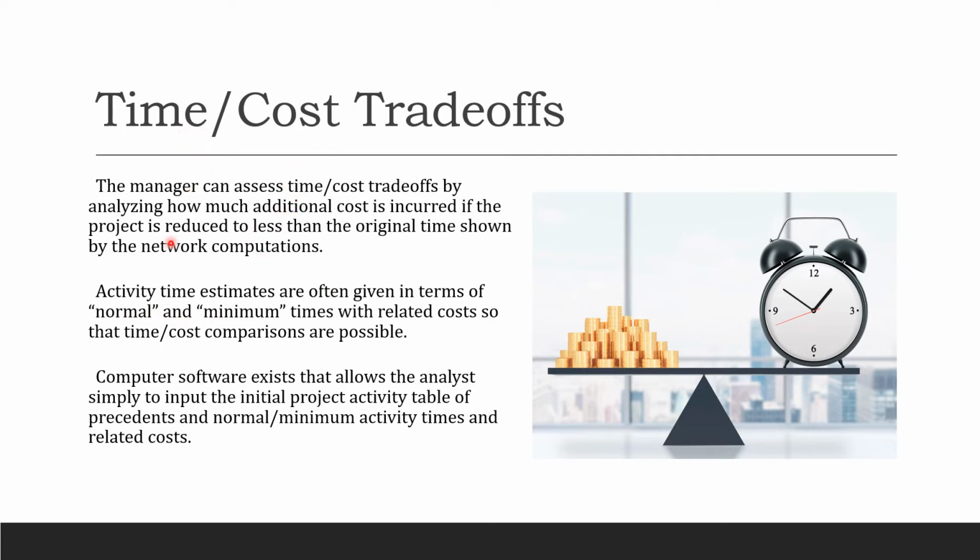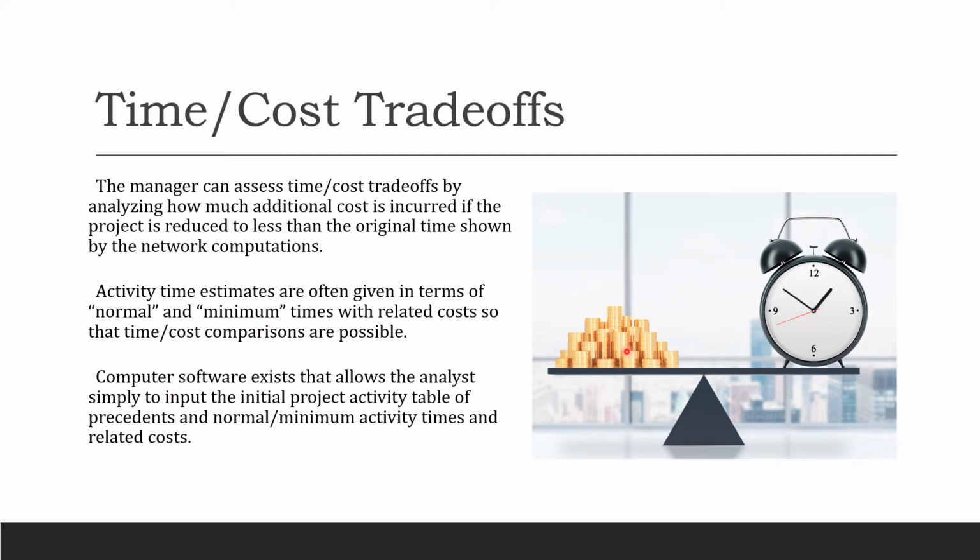After studying the time estimates, we're going to put in the cost factor. Activity time estimates are often given in terms of normal and minimum times with related costs, so that time-cost comparisons are possible. We're just saying that we can compare these two if we have the activity time estimates in terms of normal and minimum times.